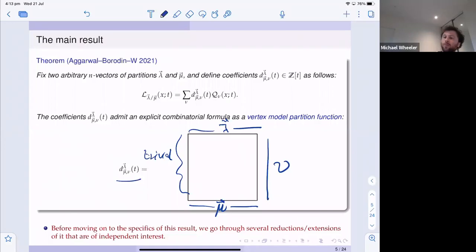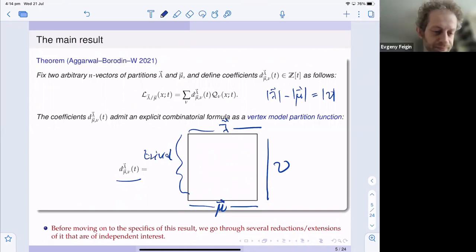Oh, so you would like to know in general what nus you will get? Well, maybe some condition, or I don't know. I mean, the only condition is that if you take the weight of the lambdas minus the weight of the mu's, then this should be equal to the weight of nu. But that's really the only condition a priori that you have. Yeah. Thank you.